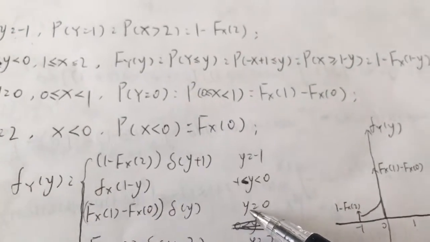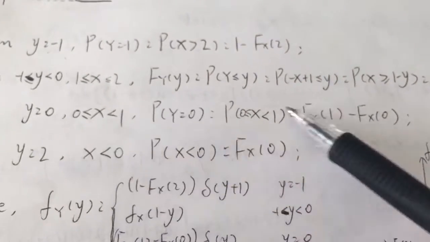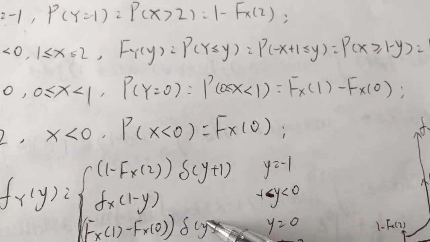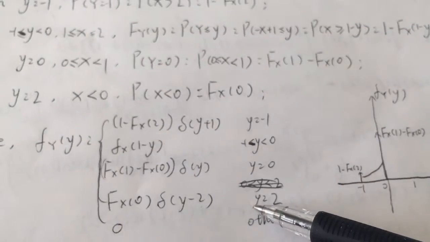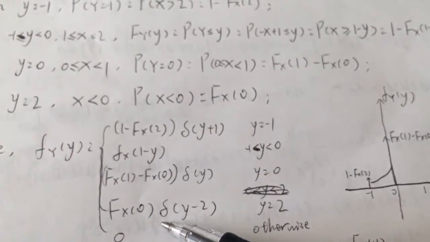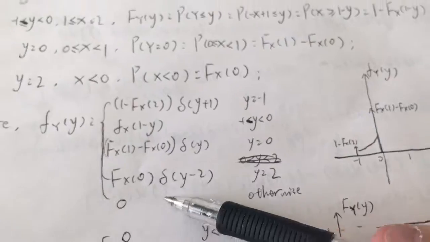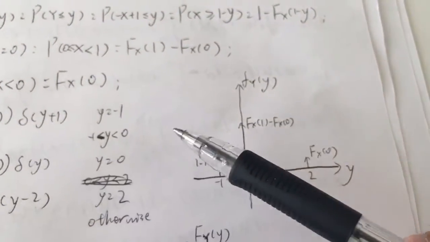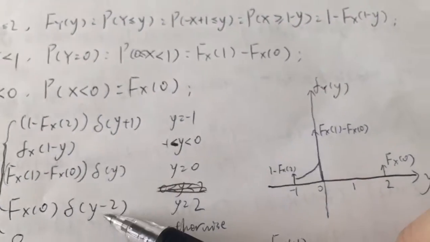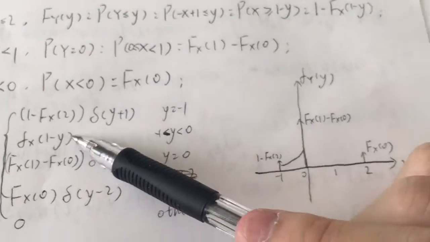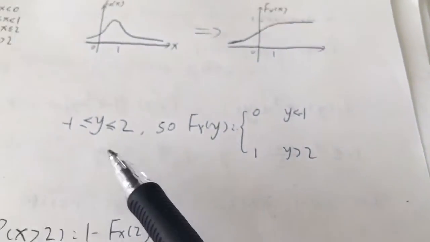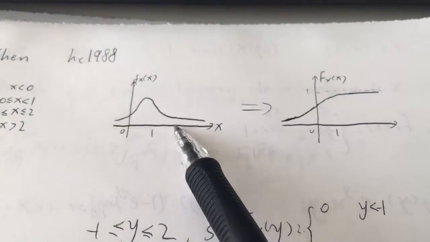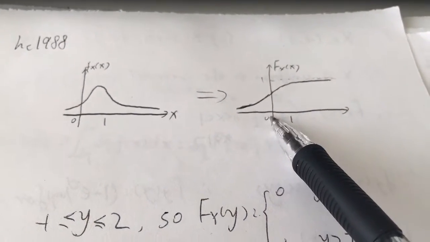And also when y equals 0, we got this. It is still an impulse. And also when y equals 2, we got this, and otherwise it's 0. So we got the density function of y, and we can draw the picture from this equation, and also from the picture of the density function of x we can get the picture of the distribution function of x.